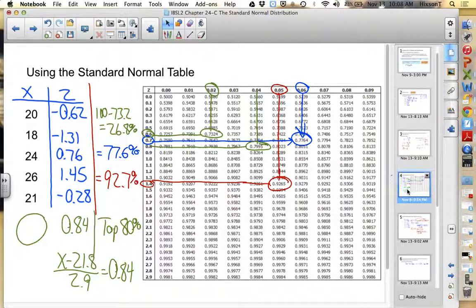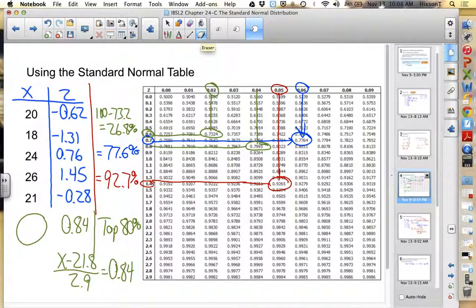Well, we would have to go to a positive 0.84, since 20% is not on our table. It's obviously in the negatives, which makes sense because it's less than 50%. So think about the complement.